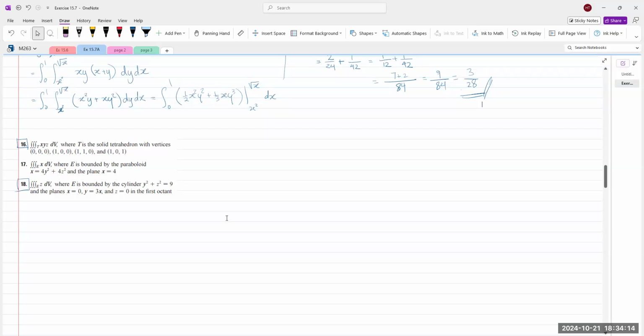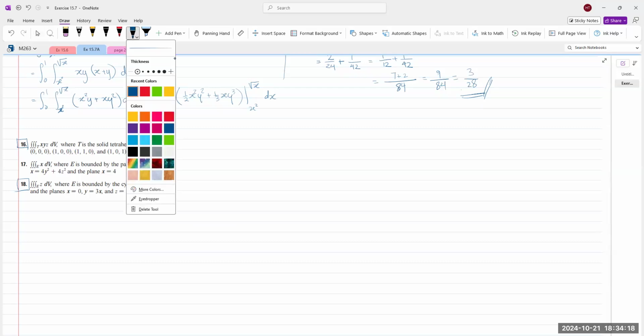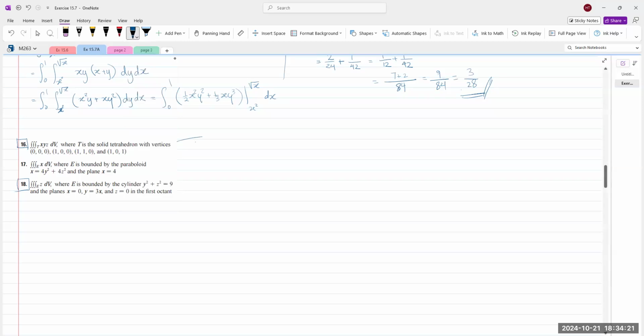Okay, number 16. Triple integral over tetrahedron T of xyz dV, where T is the solid tetrahedron with these vertices.